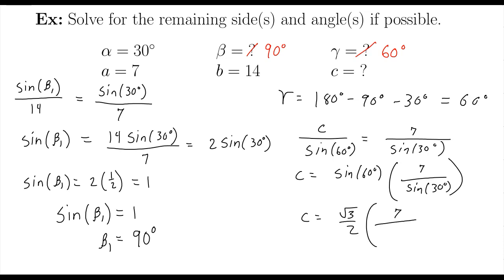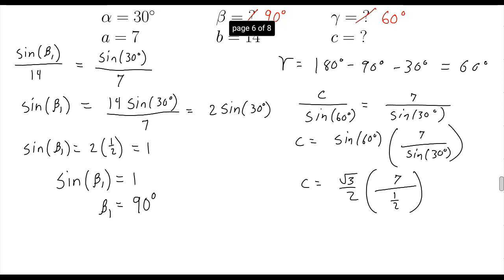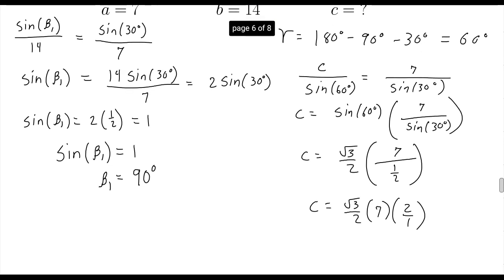And we know that sine of 30 degrees is 1/2. Okay, well, let's kind of clean this up. Remember, when you divide by a fraction, you're really multiplying by its reciprocal, which is 2 over 1, which of course is just 2. Okay, so what happens here? That will cancel with that. I'm left with 7, the square root of 3.